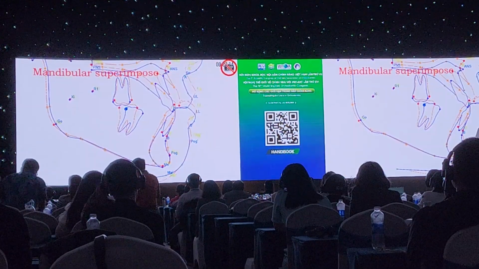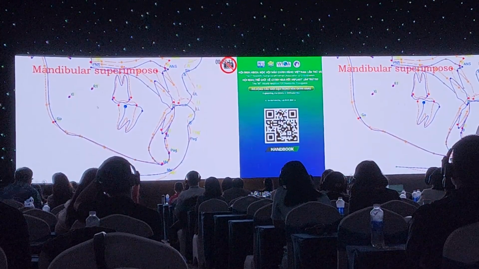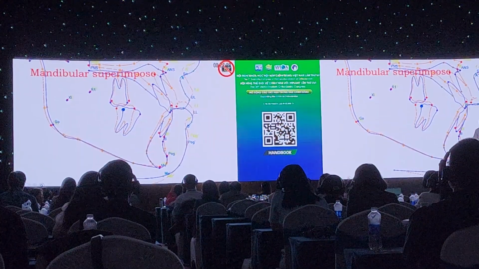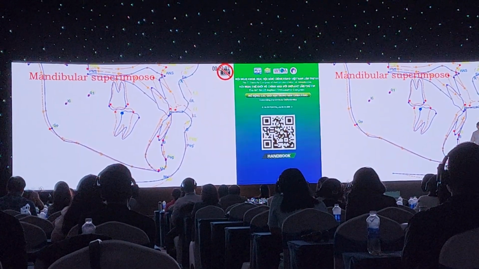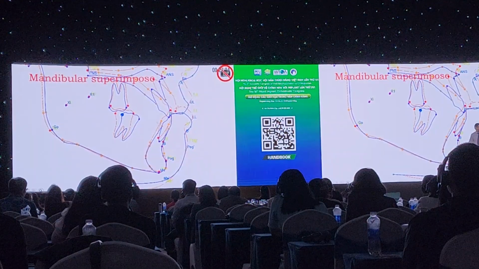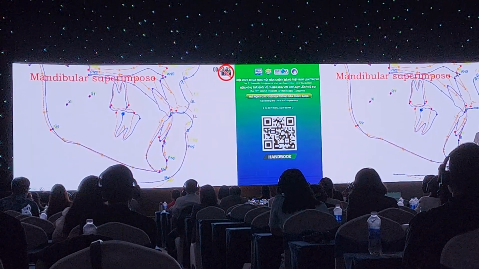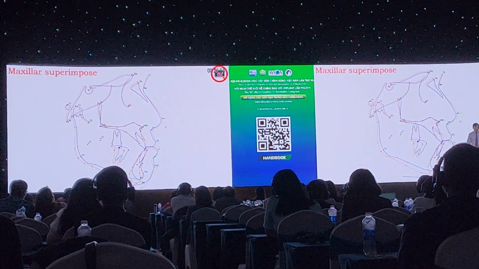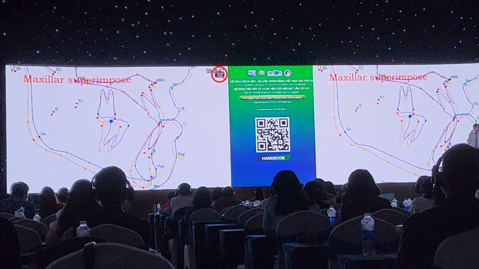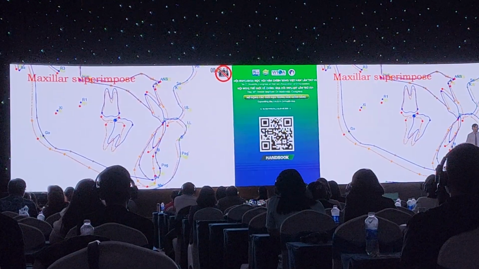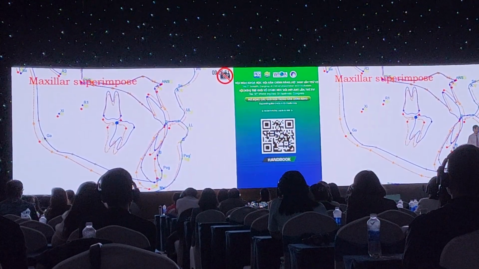What we see, I extruded the molar, but the incisor is in the same place. It's only extrusion. It's not intrusion of anything. In the maxilla, I flare the incisor a little bit and I extrude the molar.